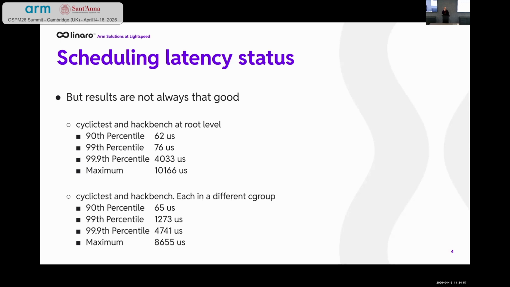And if I use cgroups, it's even worse. Even the 99 percentile starts to be large. In all the tests, we don't have any problem of using more than our slice, because cyclictest is pretty much doing nothing.